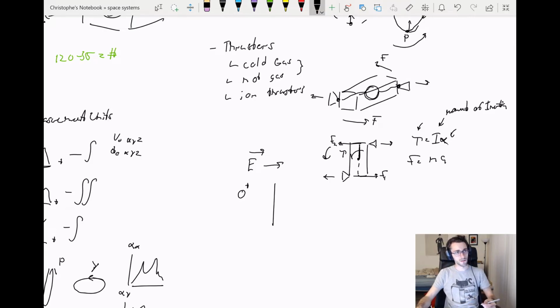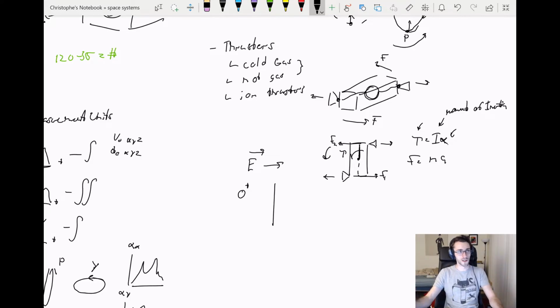Usually it's xenon. I'll get into that in a little bit. By having a charged particle in an electric field, they accelerate it out at ridiculous speeds. The benefit of that is you have very high fuel efficiency.